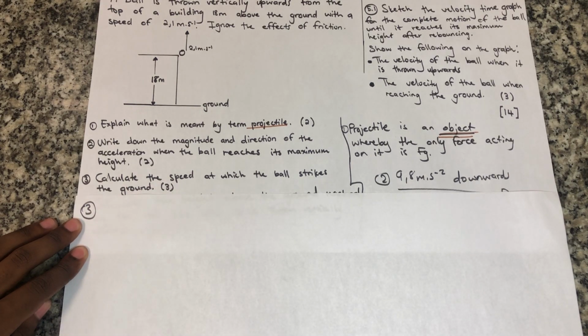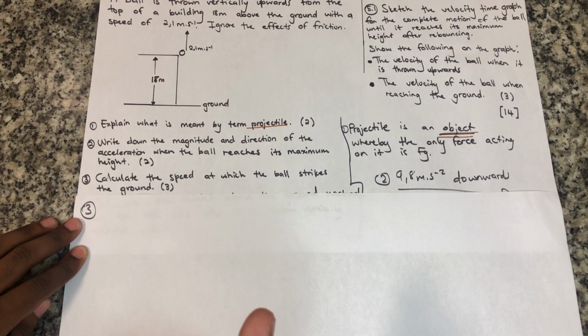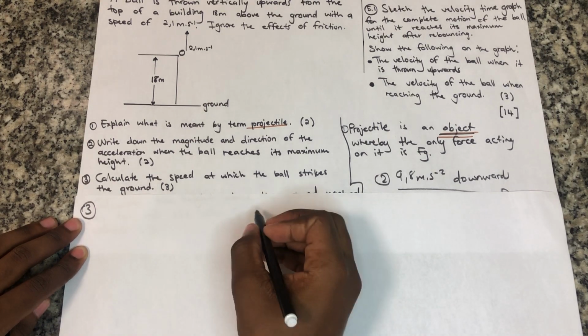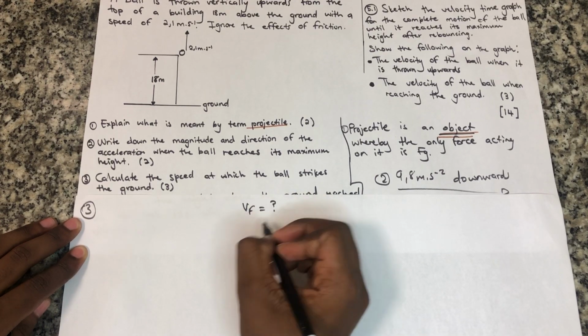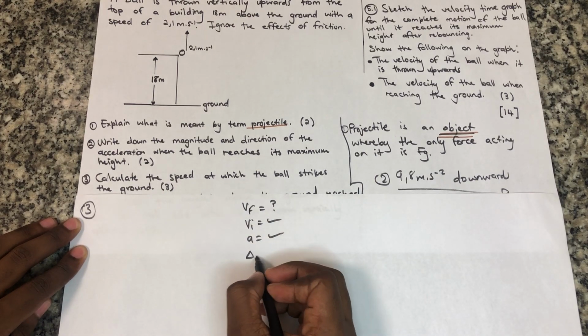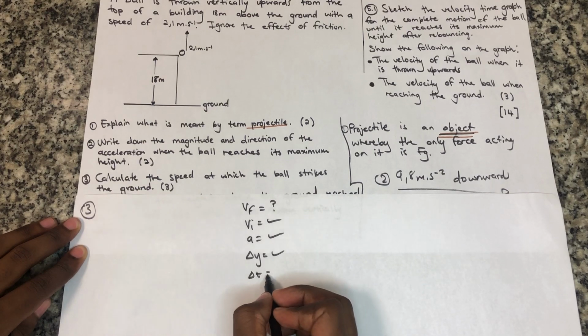Do we have the initial velocity? Yes. Do we have the acceleration? Yes, 9,8 meters per second squared downwards. Do we have the change in y? Yes. Do we have the change in time? No. So VF is what we're looking for, VI we have, acceleration we have, change in y we have, change in time we don't have.